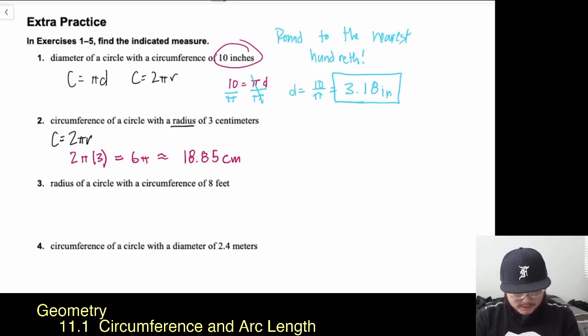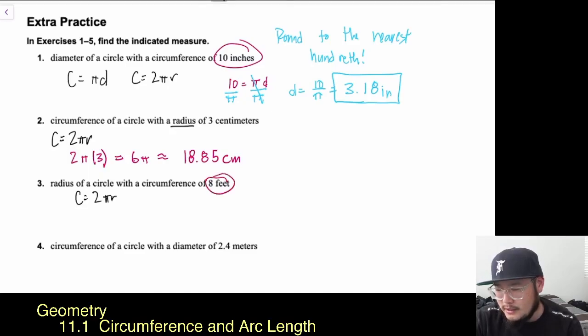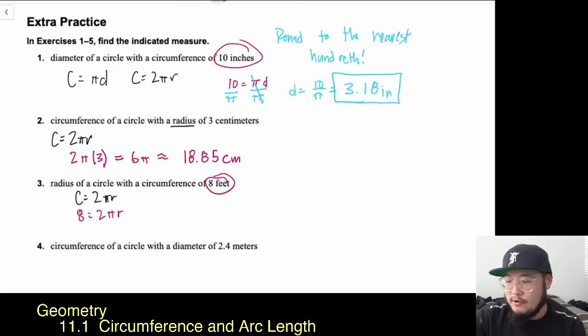Next up, number 3, find the radius of a circle with a circumference of 8 feet. Okay, so let's go ahead. We've got circumference is equal to 2 pi r. We have right here, circumference is 8 feet. So I'm going to plug in 8 right there for C. And then we got 2 pi times r. In order for me to get r by itself, I'm going to have to divide both sides by 2 pi.